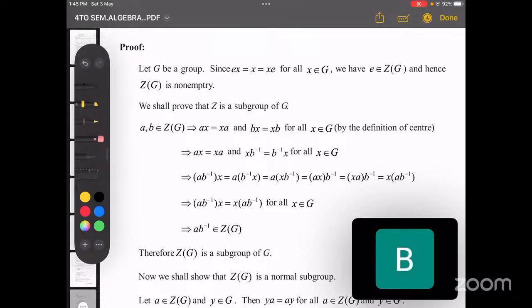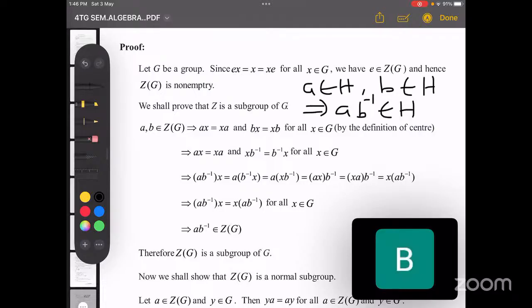In that, we are taking one definition, ab inverse belongs to H. A necessary and sufficient condition for a non-empty subset H of a group G to be a subgroup is that a belongs to H, b belongs to H implies ab inverse belongs to H. This is the definition of the subgroup we have seen.